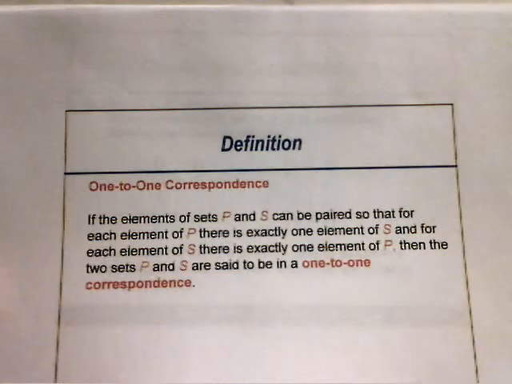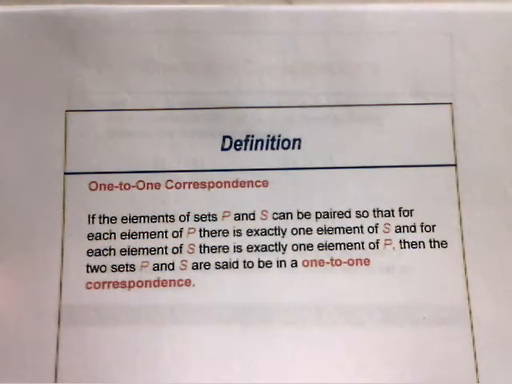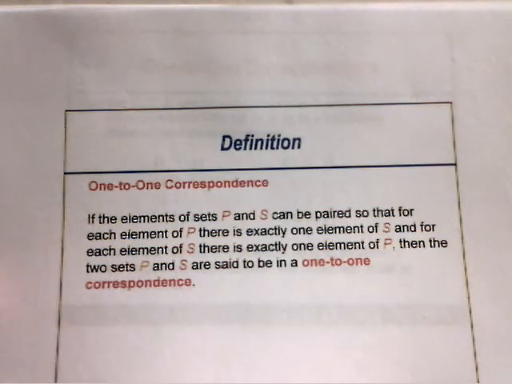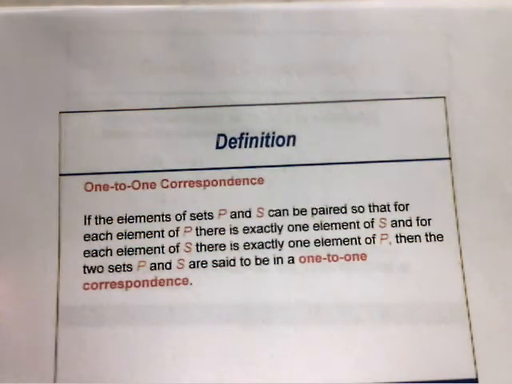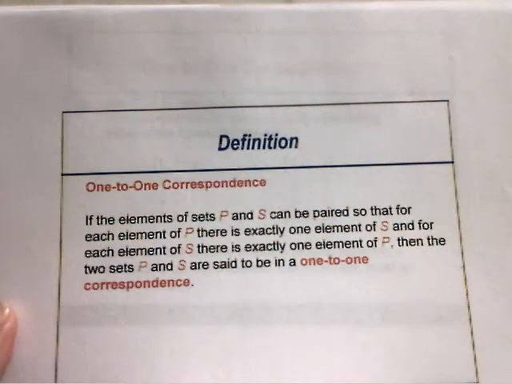And a one-to-one correspondence is another definition. If the elements of sets P and S, for example, can be paired so that for each element of P there is exactly one element of S, and for each element of S there is exactly one element of P, then the two sets P and S are said to be in a one-to-one correspondence.